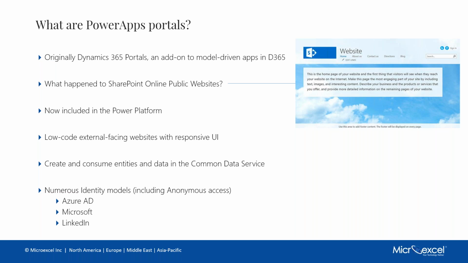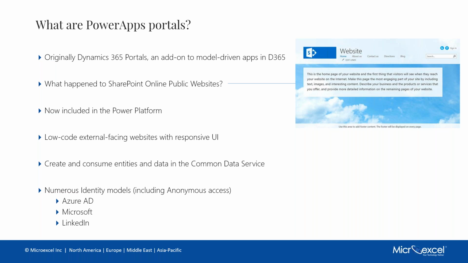Take that and add a question I've got for you, which is whatever happened to SharePoint Online public websites? And maybe you remember those. There's a little screenshot of the home page of the default SharePoint Online public website. And Microsoft has taken Dynamics 365 Portals and the concept of SharePoint Online public websites and revitalized them within the Power Platform.